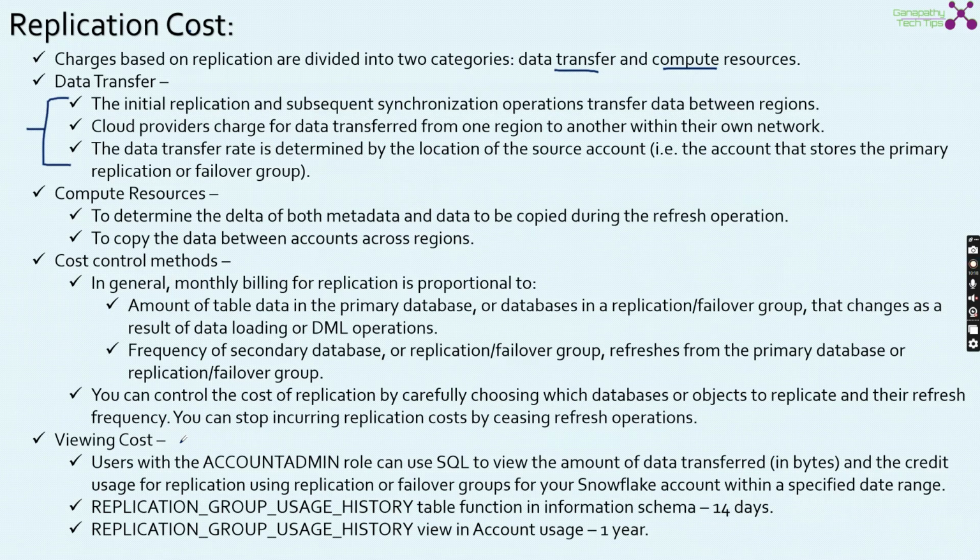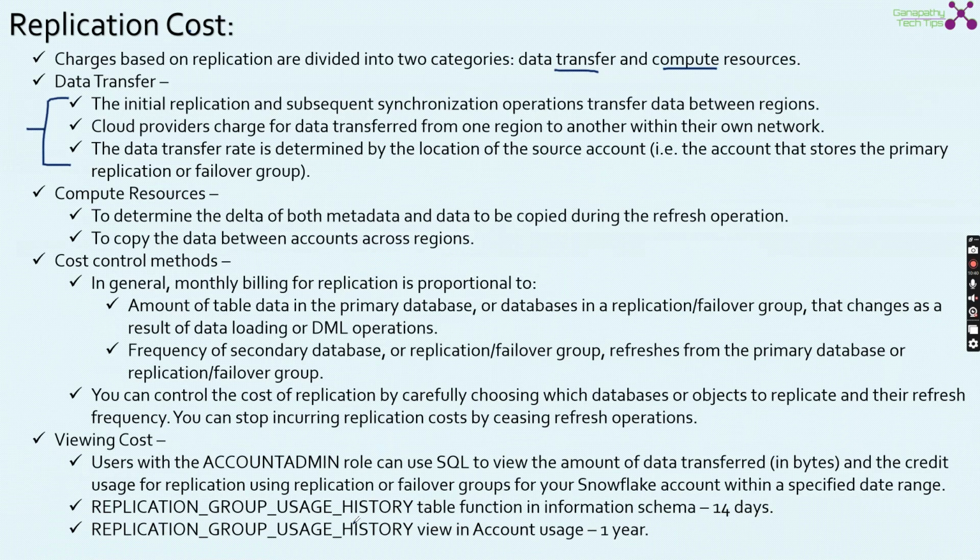So now, how can I view the cost for replication? It can be done by users with the account admin role, who can use SQL to view the amount of data transferred in bytes and the credit usage of replication using the replication or failover groups from your Snowflake account within the specified date range. How can you do so? Using the same two options of information schema and account usage.